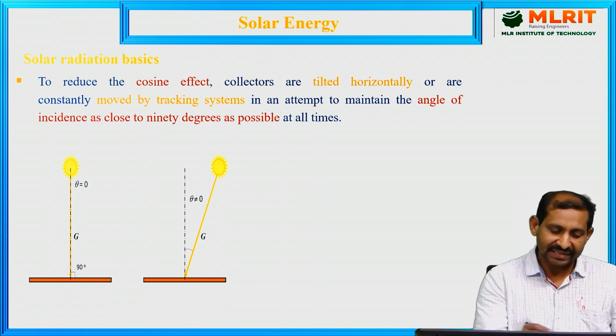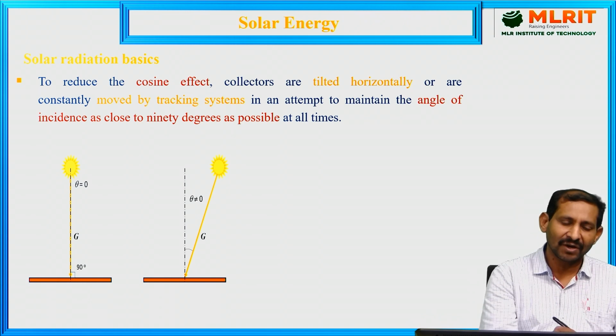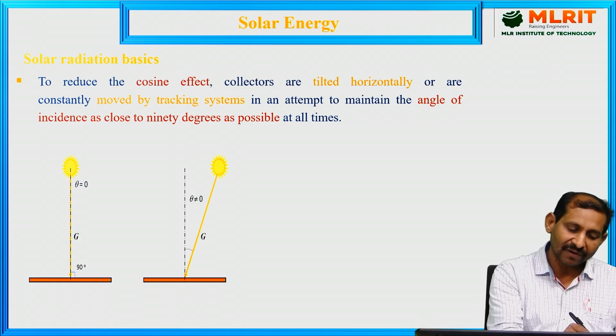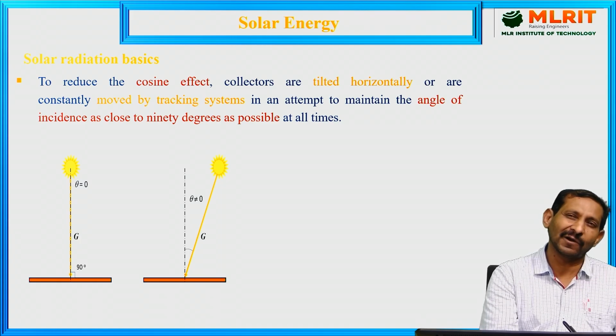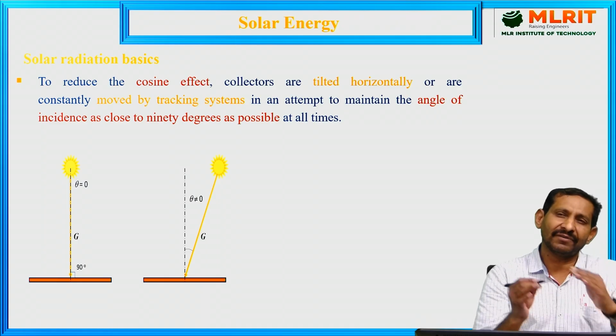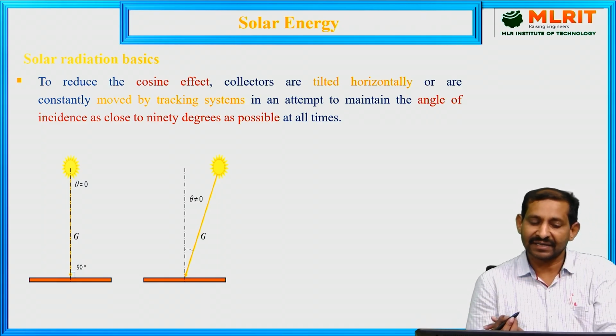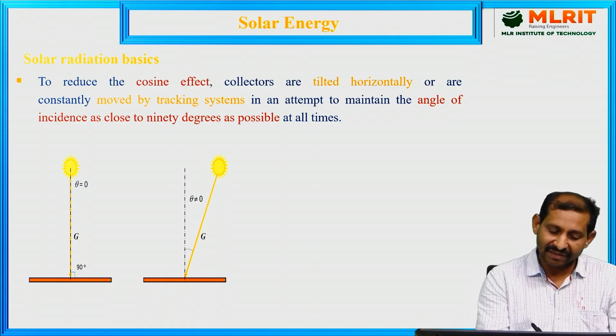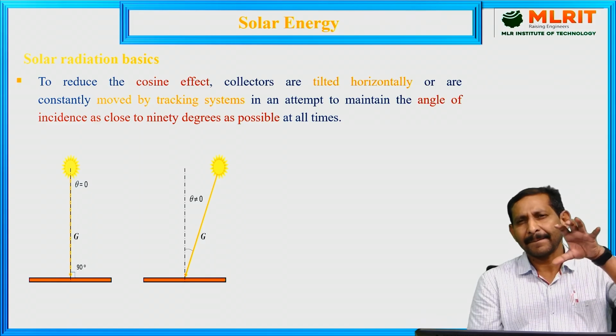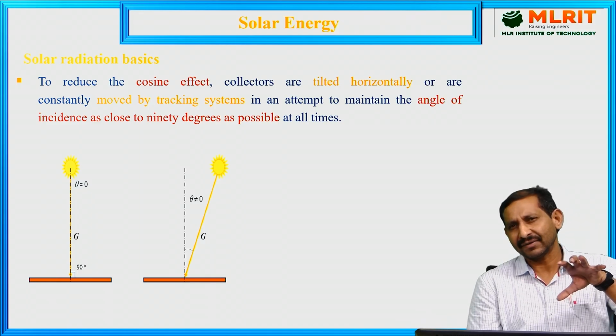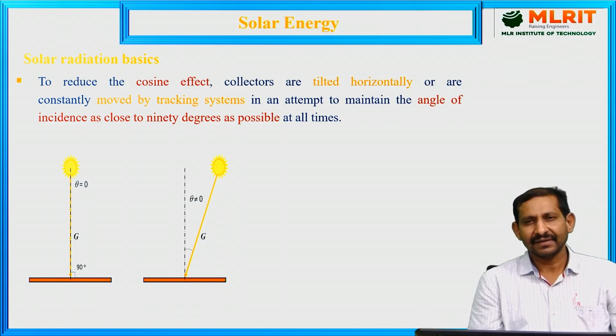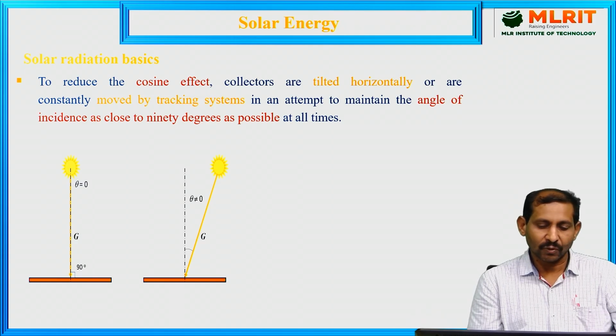For example, in this first diagram at the 90-degree angle, a lot of solar irradiance falls on the surface. When the solar panel is tilted, some angle is created, and the surface absorbs minimal solar irradiation. That is called the cosine effect.